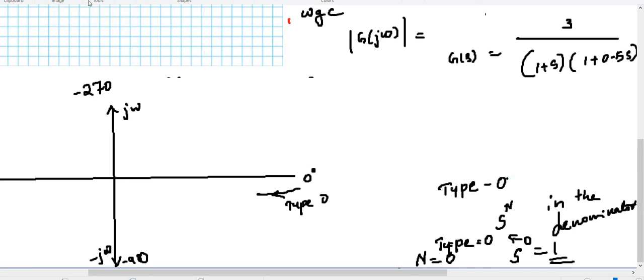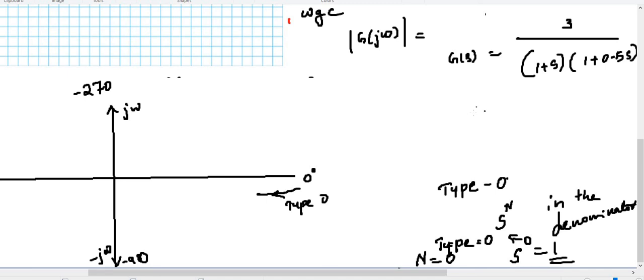Now, what is the maximum phase angle corresponding to the given open loop system? Here you can see that there are two first order terms. As I have already told you in the Bode plot, the maximum phase angle at higher frequencies depends on the number of open loop zeros and open loop poles.